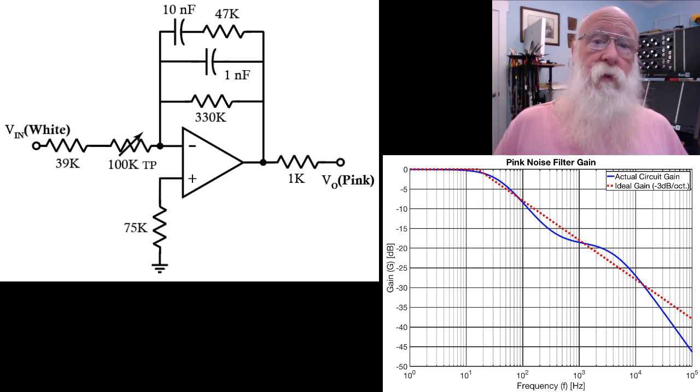I have chosen 39K and a 100K trimmer, and that will probably be sufficient if our white noise signal really is close to a 5 volt amplitude to give us close to a 5-volt amplitude out for our pink noise. If you got this thing built and you found out that you could not adjust it far enough one way or the other, then you can adjust that fixed resistor as necessary.